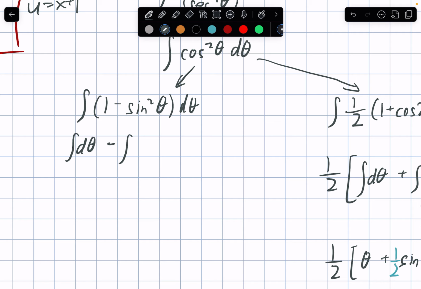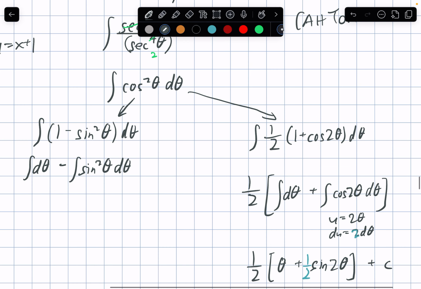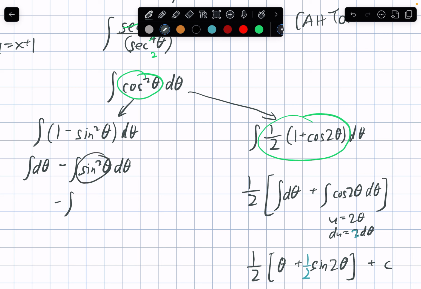actually there's another way. So let's say you're in this situation. Earlier, cosine squared theta is equal to this, right? There's another identity that you'd want to memorize. So sine squared theta is also 1/2 times 1 minus cosine 2 theta d theta.